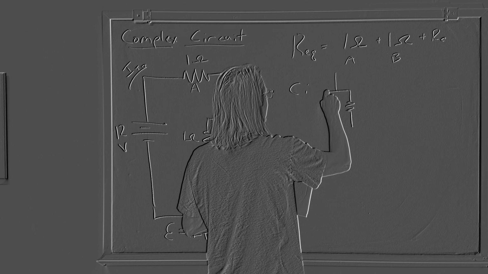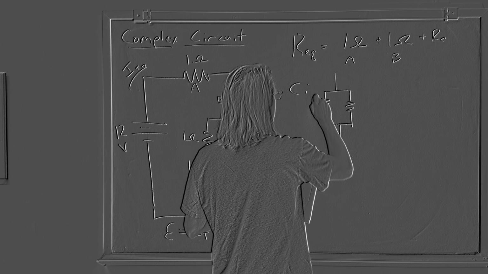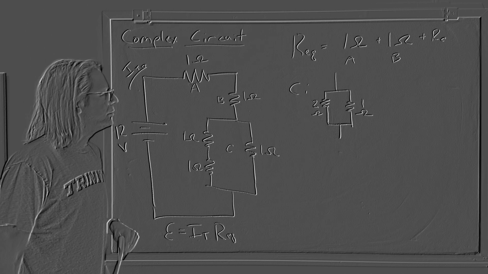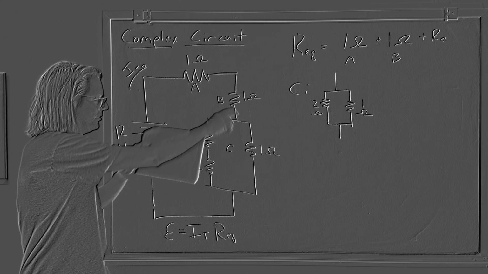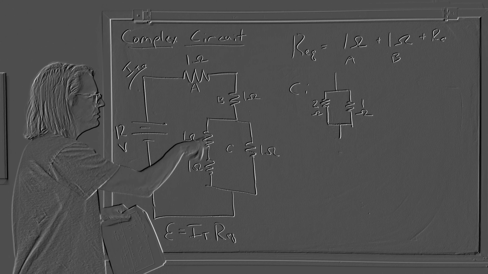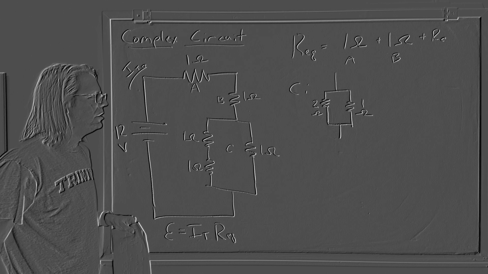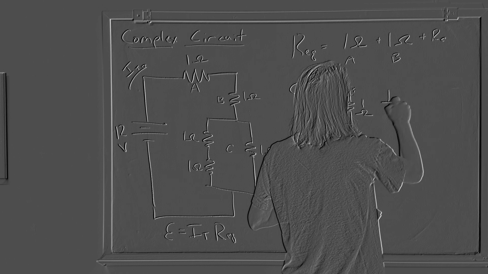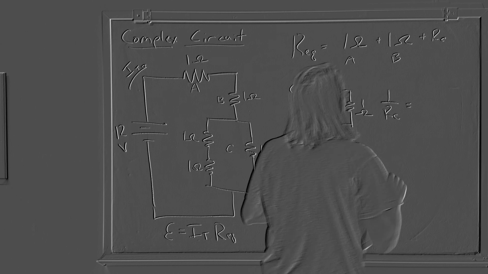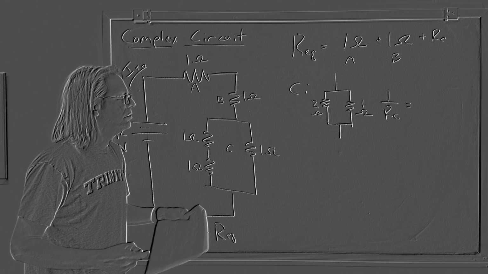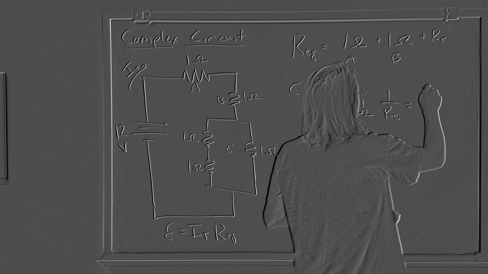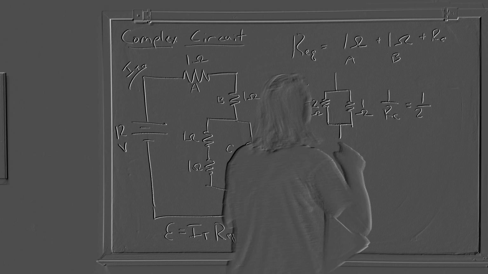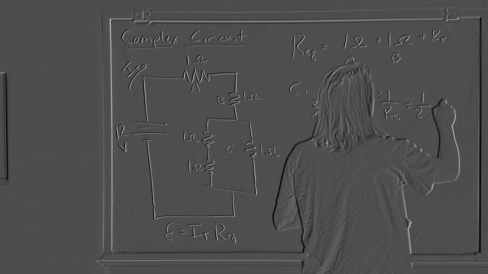So now for C, we're going to redraw it like this. 1 ohm and 2 ohms. So there we thought about 2 things at once. This whole thing in parallel, we went ahead and just summed those together in our head real quick. Little steps. So what's 1 over RC then? Since it's in parallel, 1 over RC is 1 over this branch, 2 ohms, plus 1 over 1 ohm.